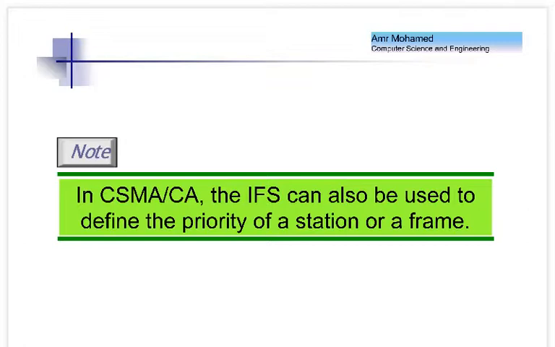Right? If there are other nodes with a larger interframe spacing duration, they will have to wait for a longer time, in which case I will win. Meaning I will be the first to access the channel, which means I have higher priority. So by changing the interframe spacing between the nodes, I can provide some priority scheme or priority mechanism. Okay?